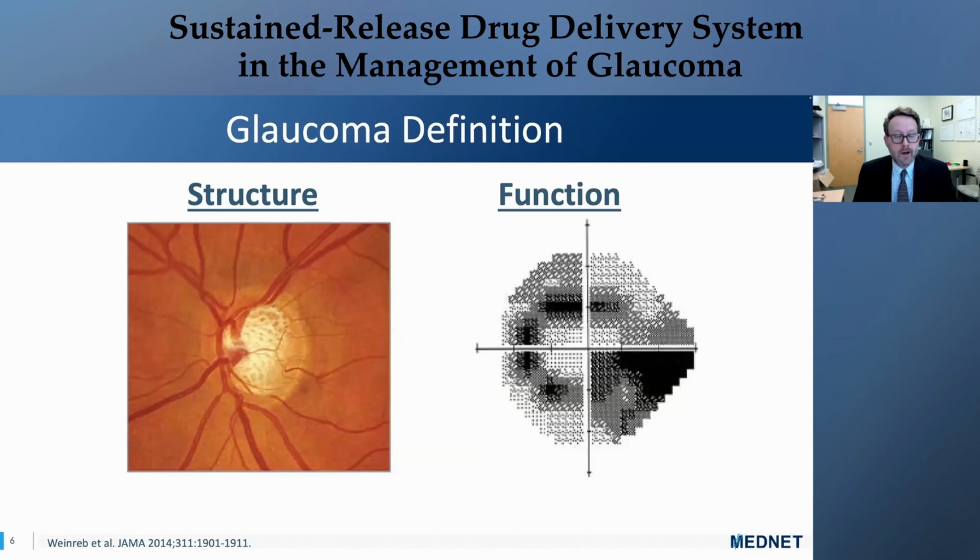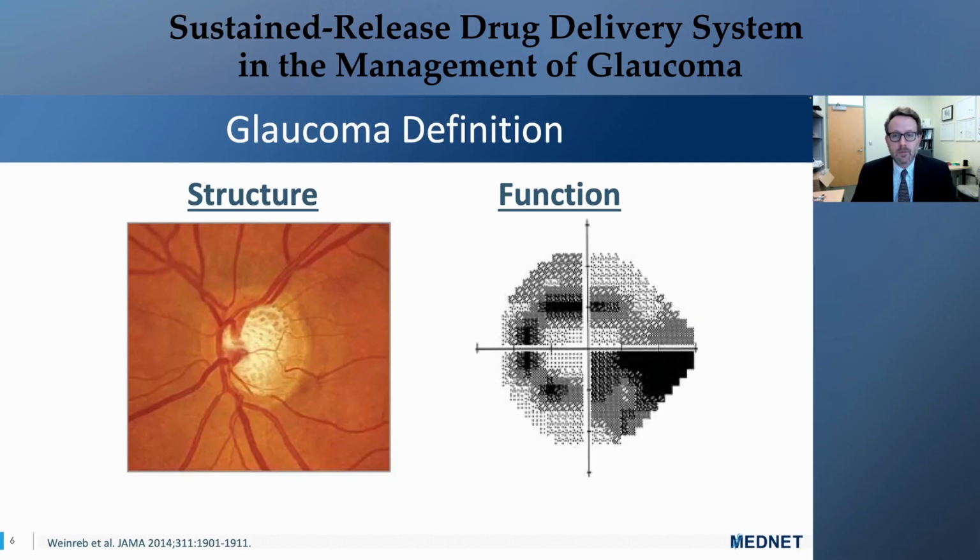Now, when we're defining glaucoma, there are really two criteria that need to be met. One is there has to be some characteristic structural changes to the optic nerve head. This is most often seen as an enlarged cup to disc ratio and thinning of the healthy optic nerve head rim.